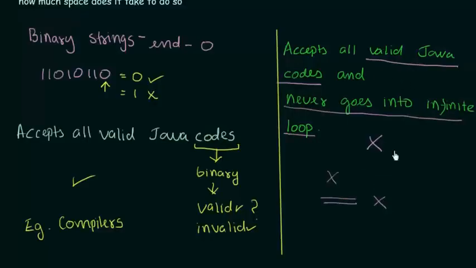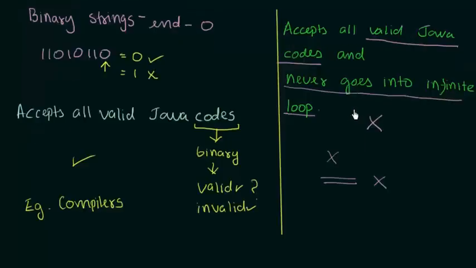So a machine that performs this kind of task cannot be designed. This third example has given us an idea about what kind of things we cannot compute mechanically. Okay, I hope that was clear.